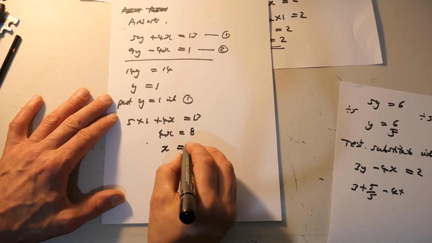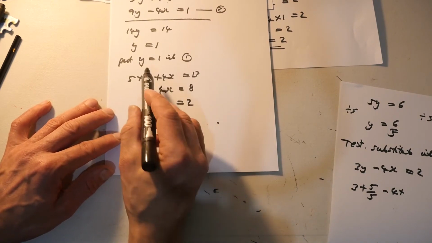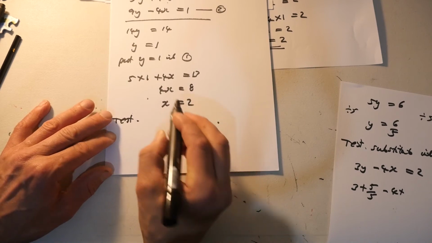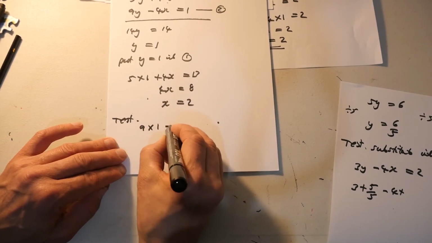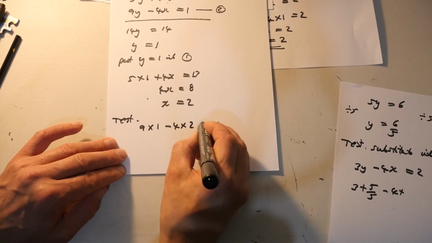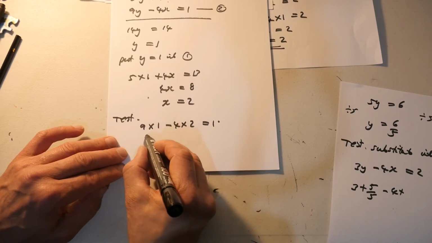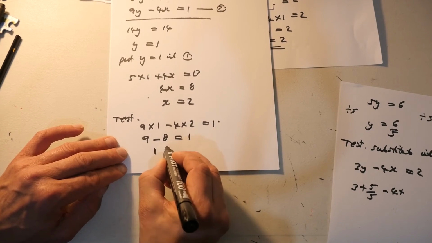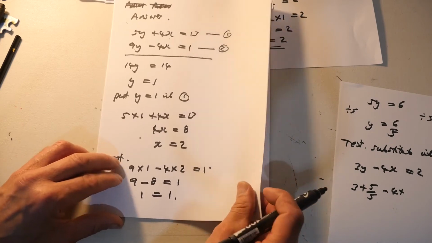So x equals 2, okay? So I get y equals 1, x equals 2. Test, okay? Test saying 2, 9 times 1 minus 4 times 2 equals 1. 9 times 1 is 9, 4 times 2 is 8, 9 minus 8 equals 1, 1 equals 1. Okay, so that's the solution to that one.